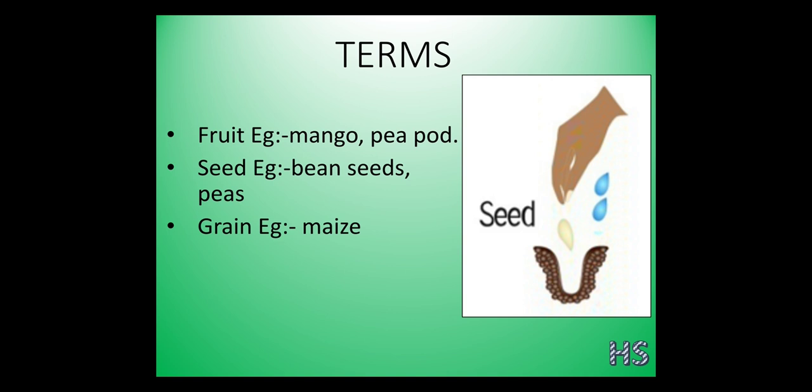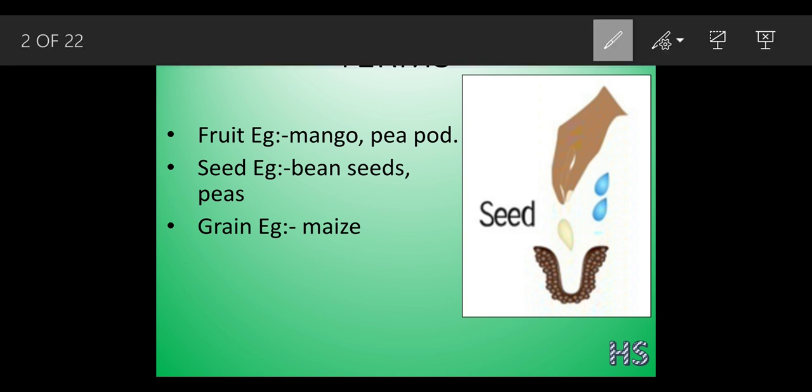First of all, let's understand one by one. As I said, how is the fruit made? When there is an enlarged, ripened ovary. What do we mean by an enlarged ripened ovary? When the ovary becomes fertilized, it forms the fruit, in short. Fruits like mango and pea pod. In mango, you can see that clearly.